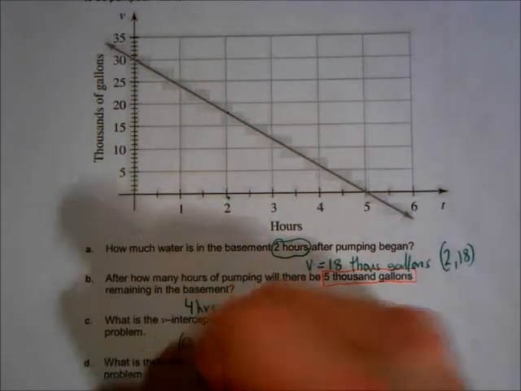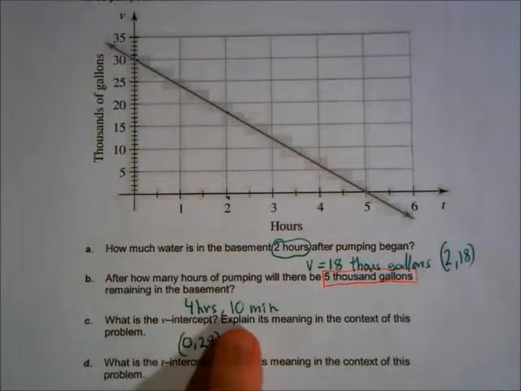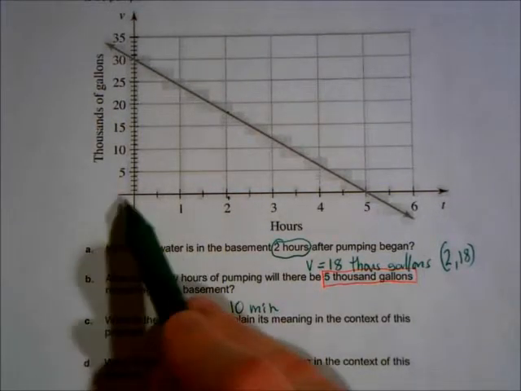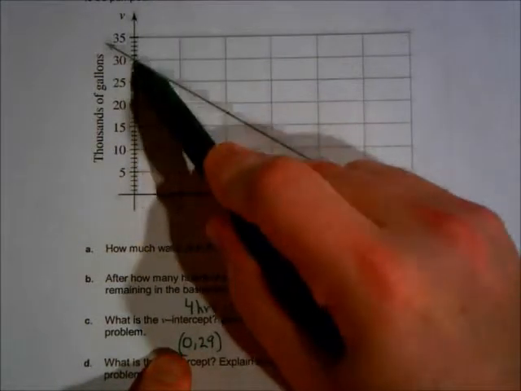Explain its meaning. 0 is our time. So this is time 0. That means right before we turned on the pump. So right before we turned the pump on, there were 29,000 gallons. And that's what I mean when I say explain the meaning in the context.